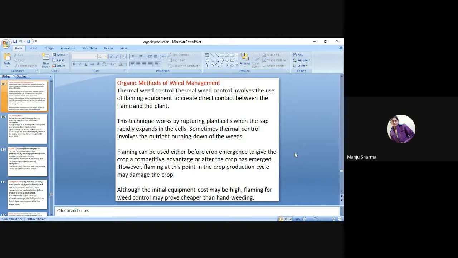Although the initial equipment cost may be high, flaming for weed control may prove cheaper than hand weeding.